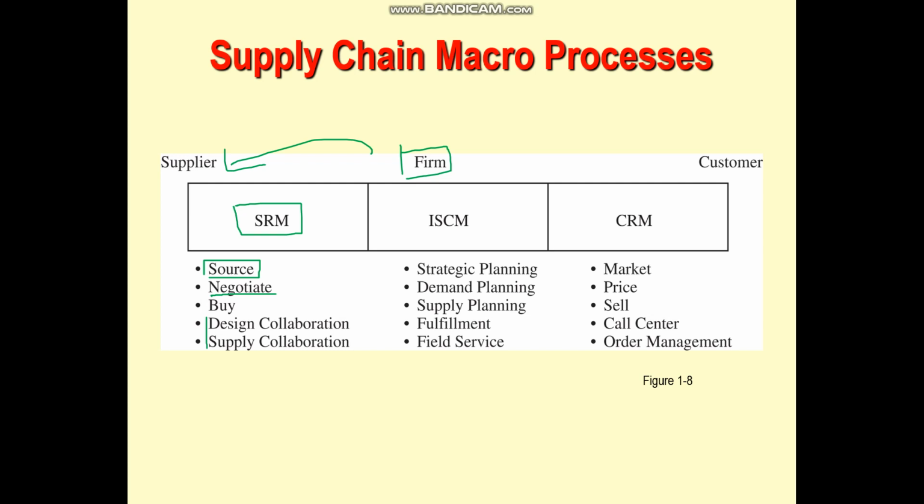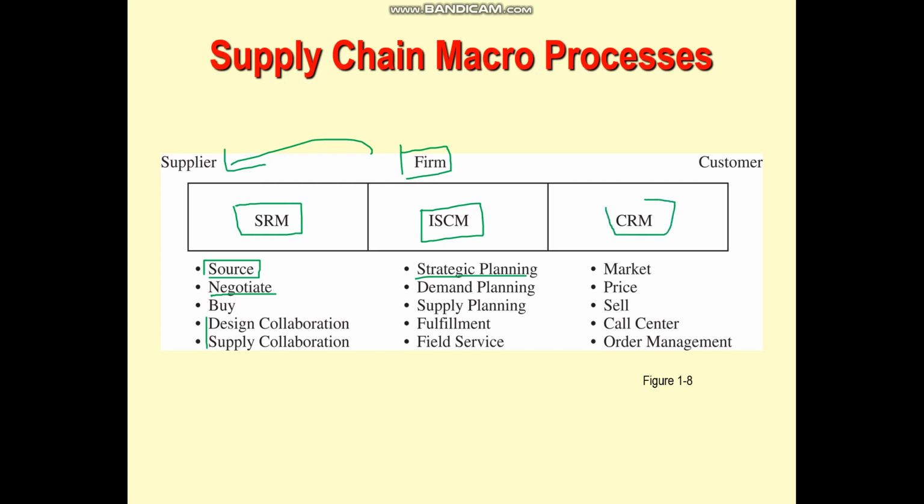So the second one is internal supply chain management. Here they manage the activities inside their organization. They will make their strategic plan, demand planning, supply planning, and fulfillment. They will plan the location or capacity of warehouses, and decide the inventory level or inventory policy.